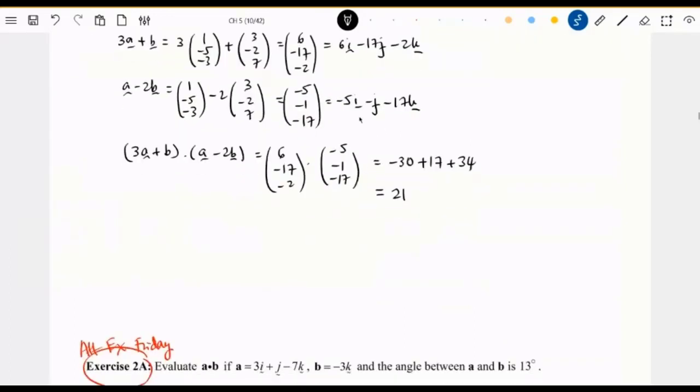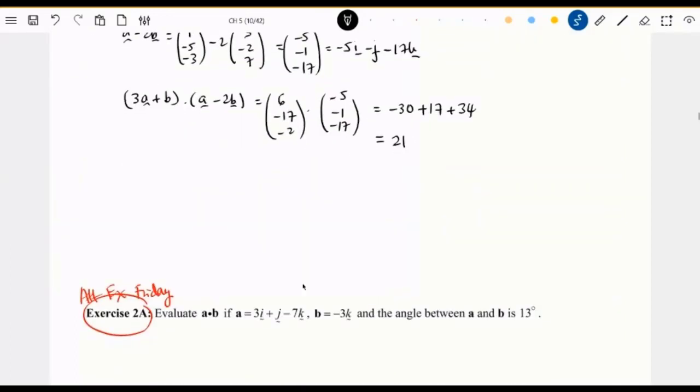Okay, and then what else? We have exercise 2A, which you already submitted as exercise attendance on Friday.